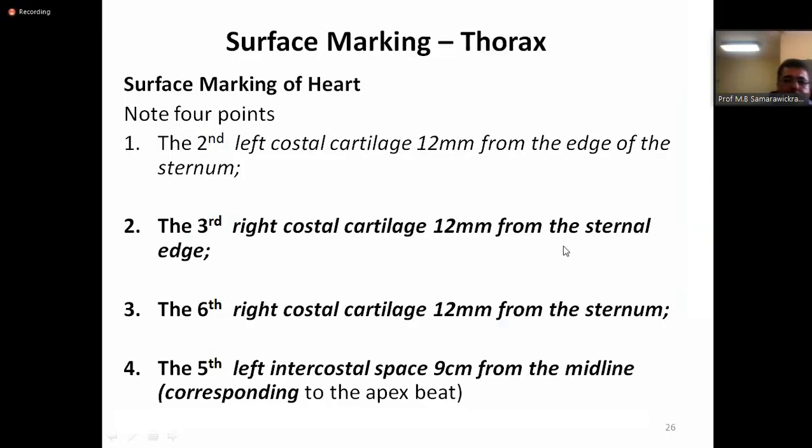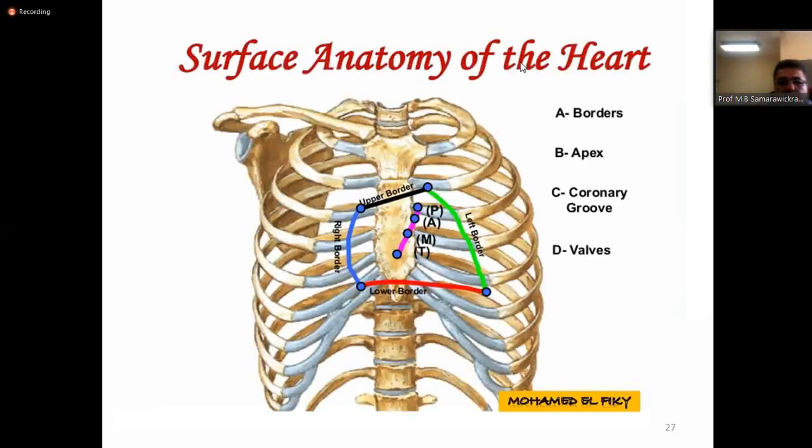Then third right costal cartilage, 12 millimeters from the sternal edge, and sixth right costal cartilage, 12 millimeters from the sternum, and fifth intercostal space, 9 centimeters from the midline. So these are the important 4 points, and you join these 4 points to surface mark your pericardium or the heart. And here is the apex beat or the apex of the heart.